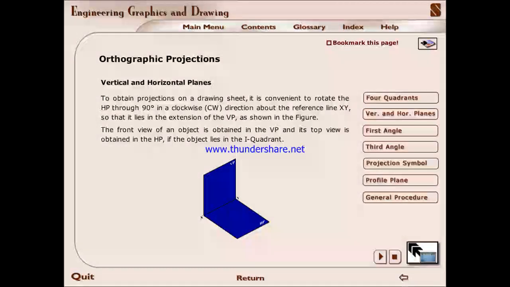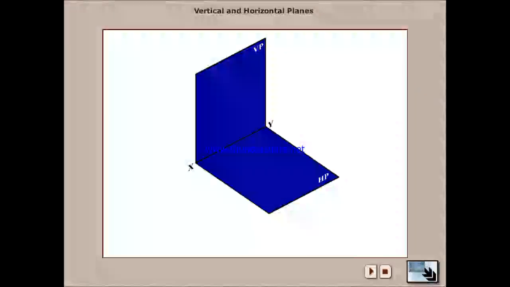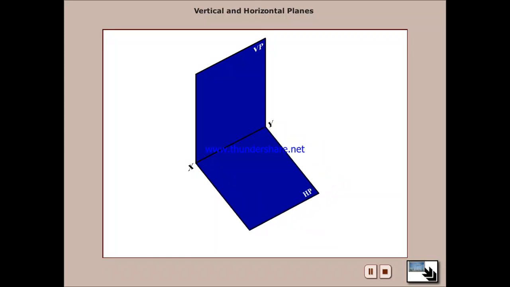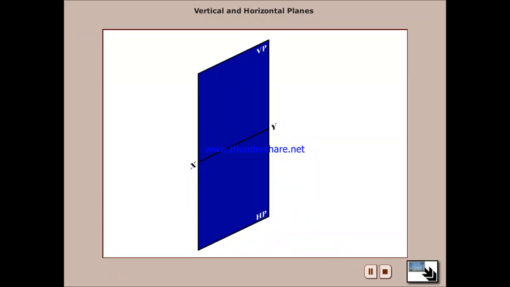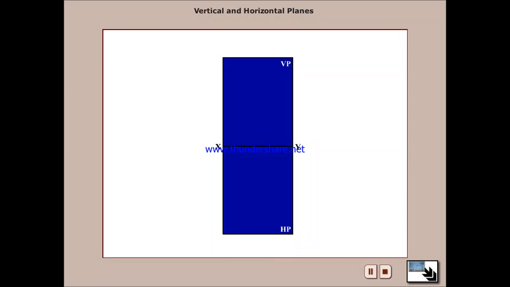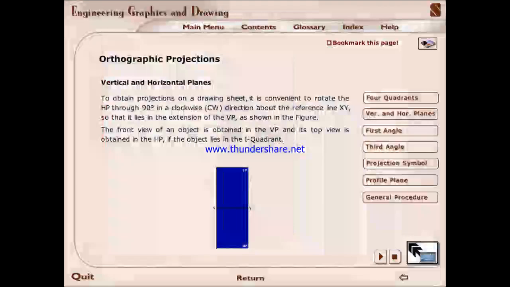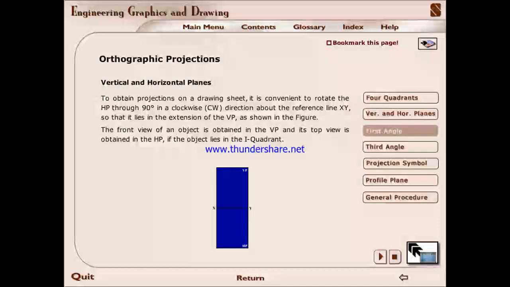If the object lies in the first quadrant, now let us look at, now next, first angle projection.